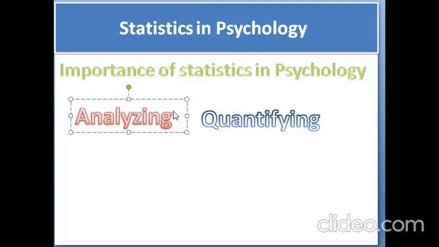So statistics help us analyze in the best way, in a reliable and valid way, and they provide ways and techniques for making the statistical analysis, and also help us in accepting and rejecting the hypothesis. Based on the statistical analysis, we accept and reject the hypothesis.